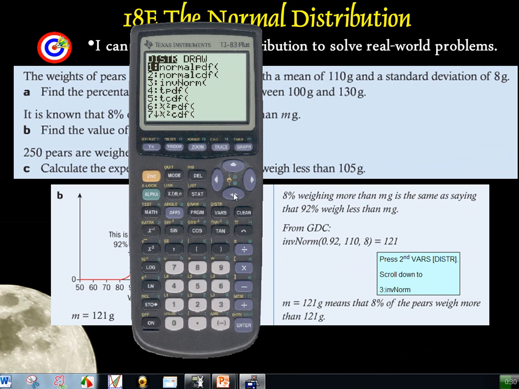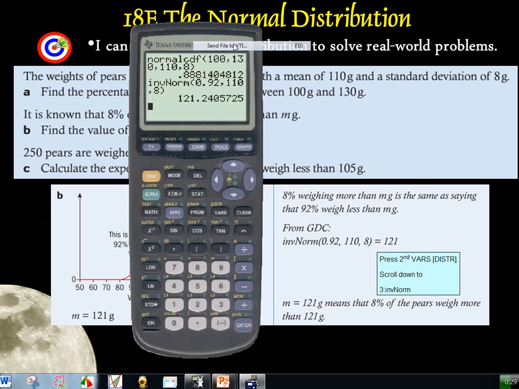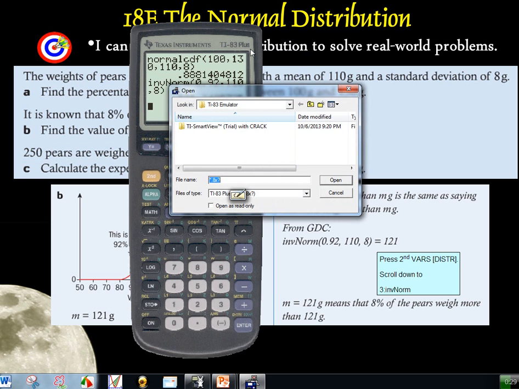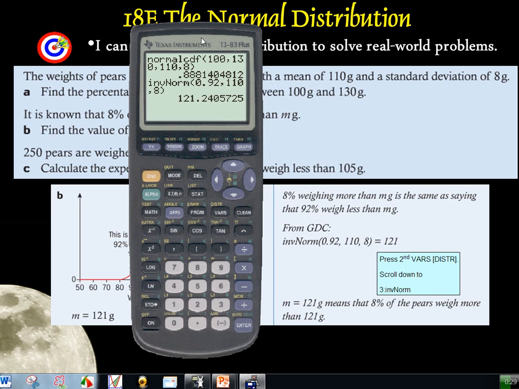Then we go down to invNorm and put in 0.92, comma, our mean of 110, and then our standard deviation of 8. Close our parentheses, and we get 121.24.